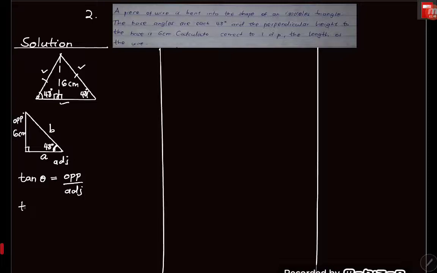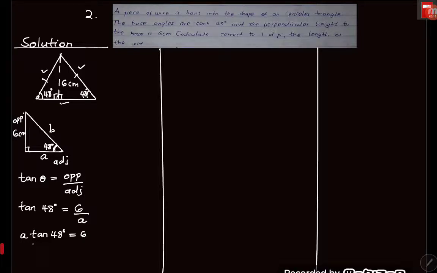In this case, our theta is 48 degrees. Our opposite is 6. Our adjacent is A. So if we multiply both sides by A, we will have A times tan 48 is equal to 6.